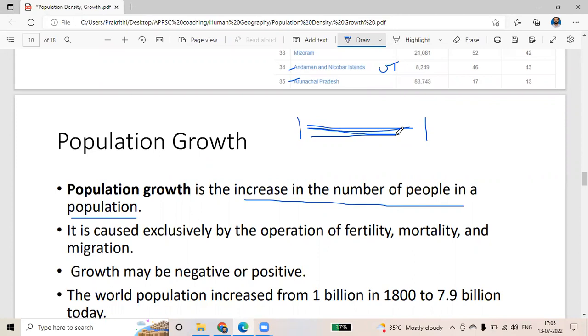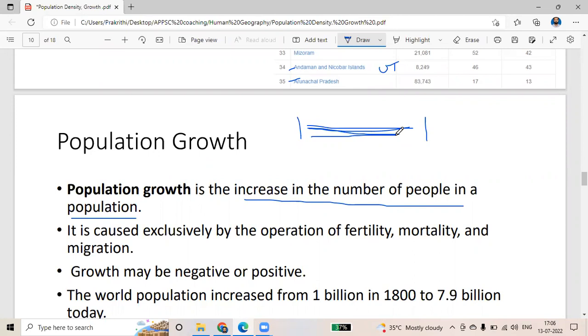So what are the factors which influence this growth? We know the population is a dynamic thing. There will always be variation. Today's population tomorrow will be either more than that or less, that is for sure.